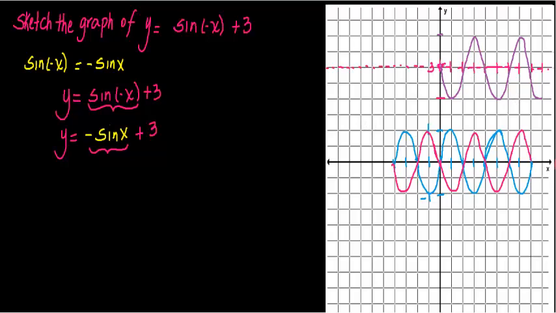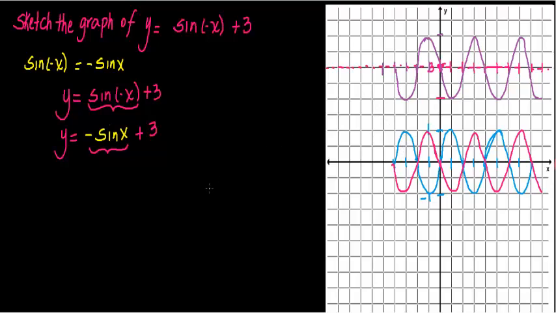And then on this side, let me draw my intervals. There it is. This should match the pink one, except that the pink one, I stopped here. Okay, there it is. So your purple graph is your final graph.